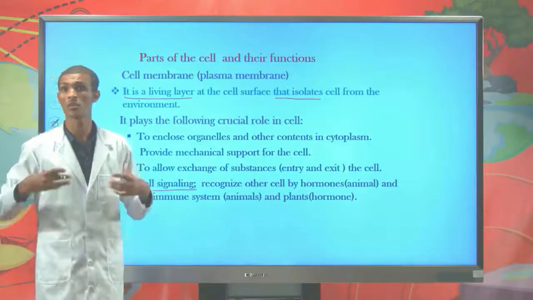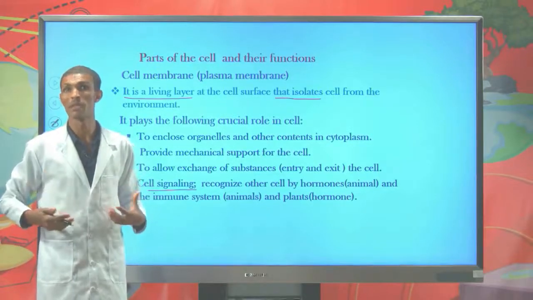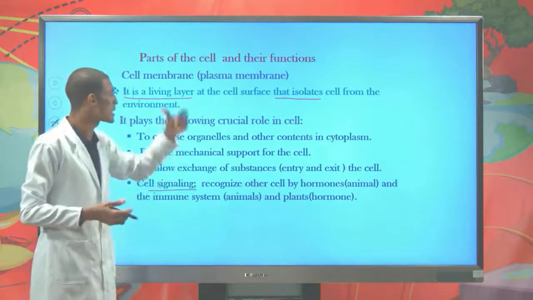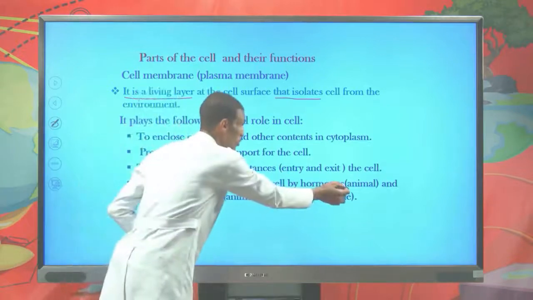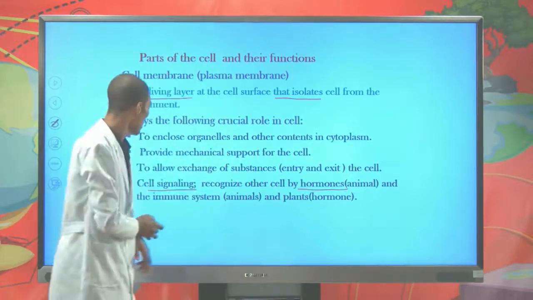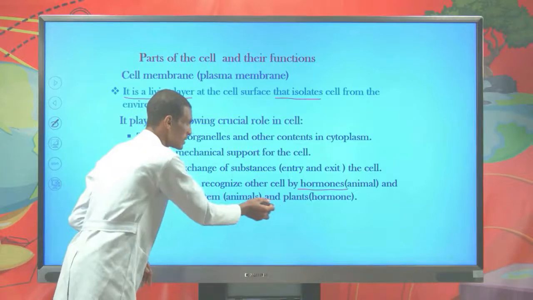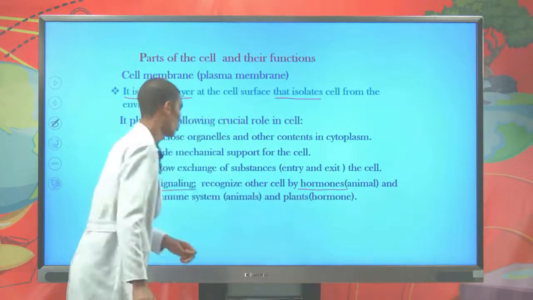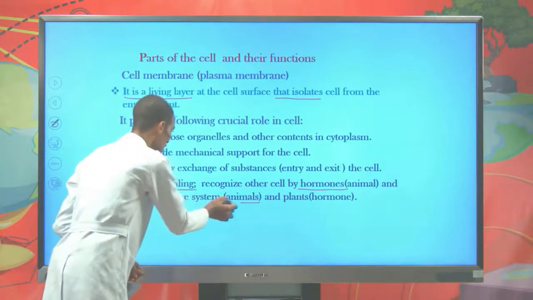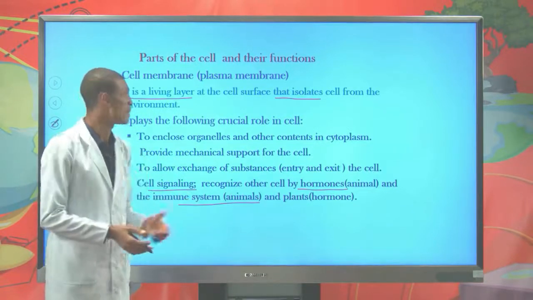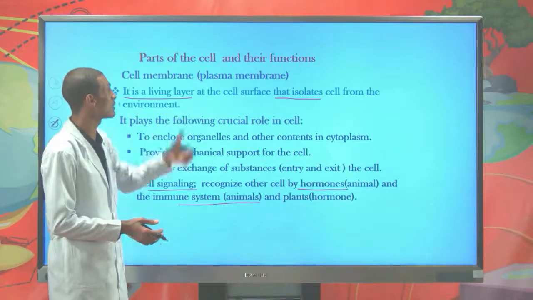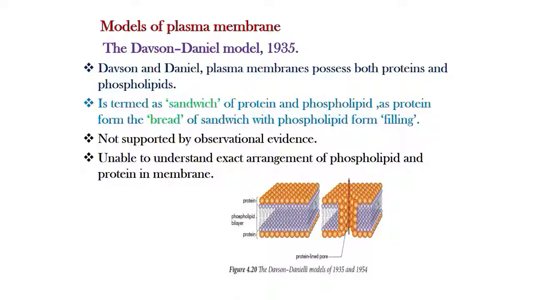Something that touches or relays over our membrane can be detected by the plasma membrane. There is a detector. In humans and animals, there is a hormone receptor. In plants, there is a hormone receptor too. And in the immune system, there can be receptors for antibody and antigen because of the surface plasma membrane.